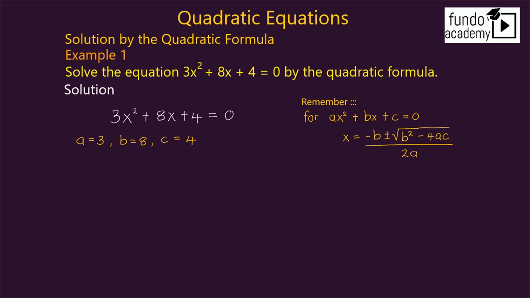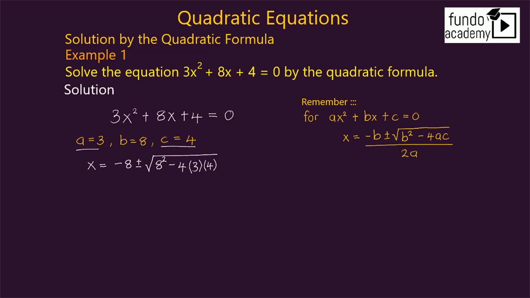So let's do that. We'll say x is equal to minus b. Minus b is minus 8, so that's minus 8 plus or minus the square root of b squared. b is 8, so we'll have 8 squared minus 4ac. a is 3 and c is 4, so minus 4ac is 4 times 3 times 4.